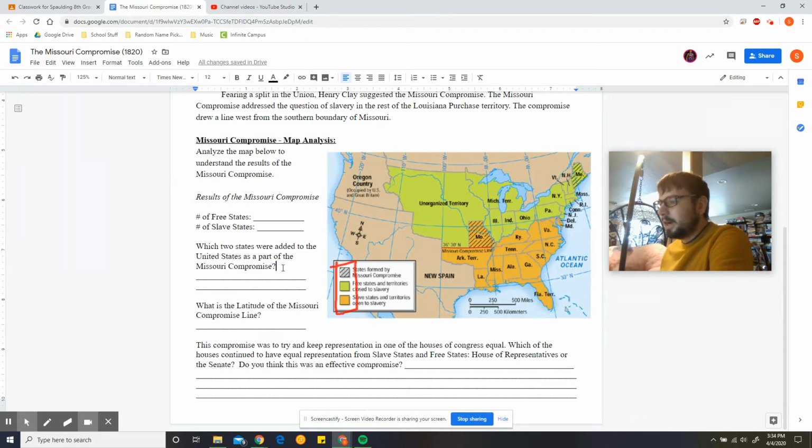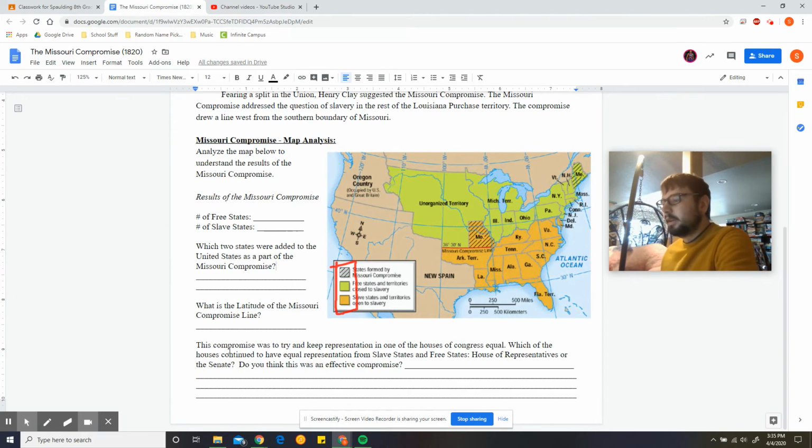Then we have, which two states were added to the United States as part of the Missouri Compromise? You'll have to use the lines here to figure out which two states were added to the United States as part of this compromise. And then, what is the latitude of the Missouri Compromise line? You have to read the map and figure out what latitude this line is at.